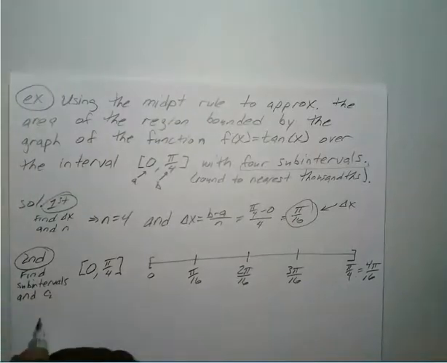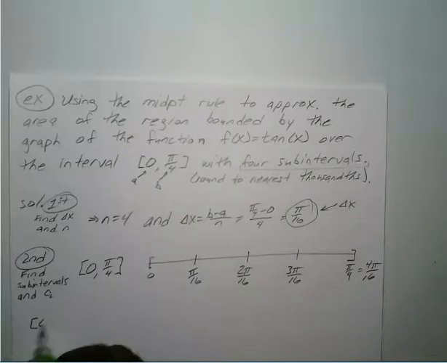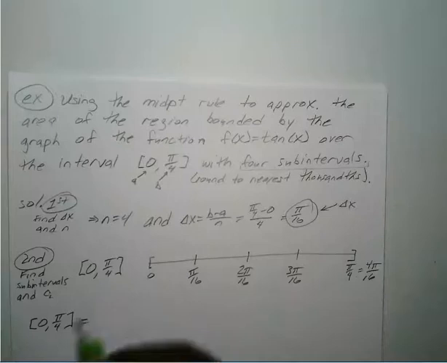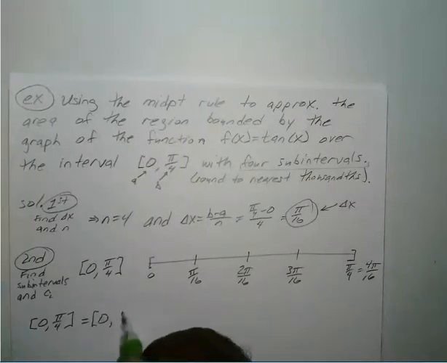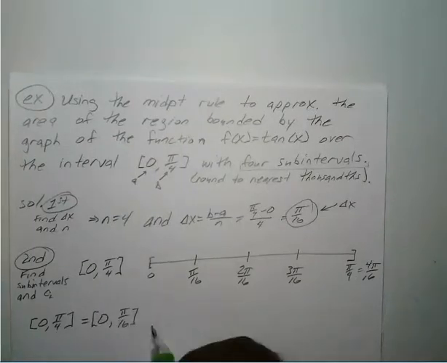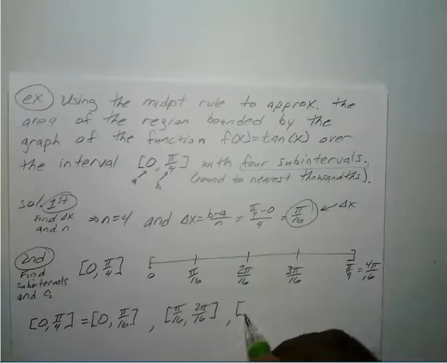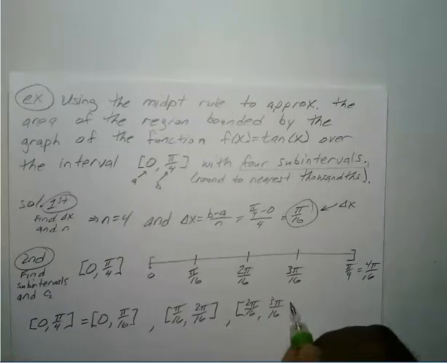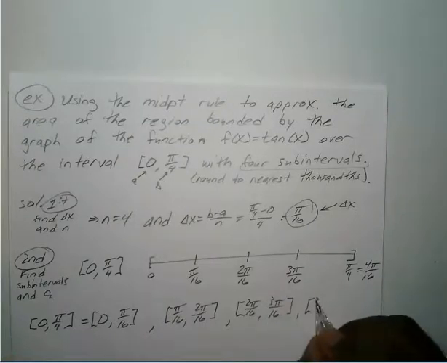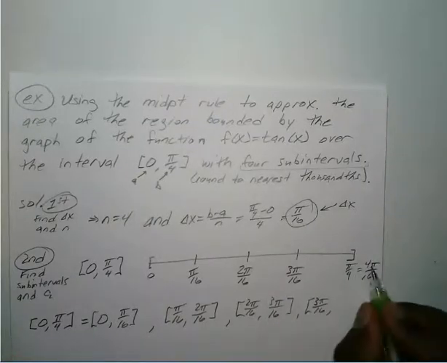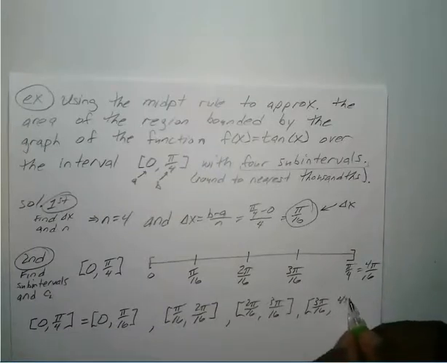Okay, so if we go ahead and separate that 0 to pi over 4, we know that it's going to equal 0 to pi over 16, and then from pi over 16 to 2 pi over 16, then 2 pi over 16 to 3 pi over 16, then 3 pi over 16 to 4 pi over 16, which is our pi over 4.